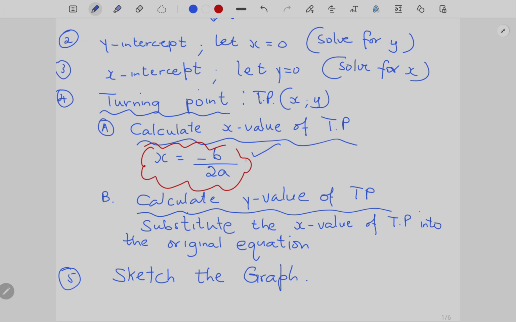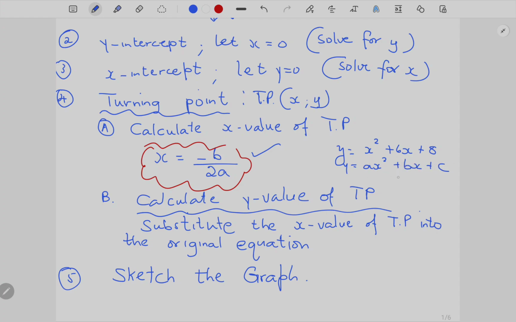So for minus b, you are going to identify, let's say the equation that has been given is y = x² + 6x + 8. I'm making an example. So the value of a is this coefficient. This equation is in the form y = ax² + bx + c.